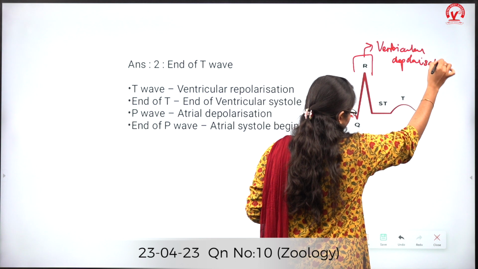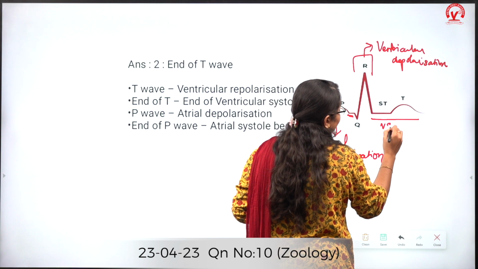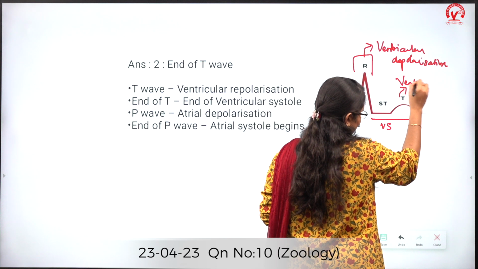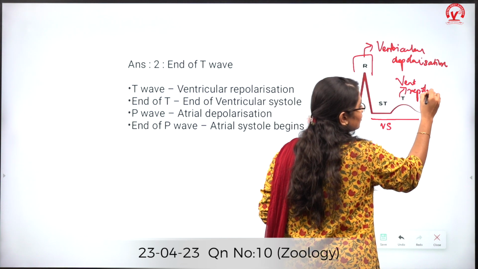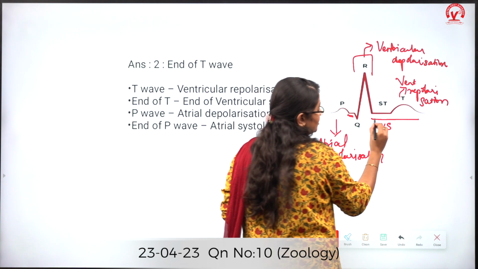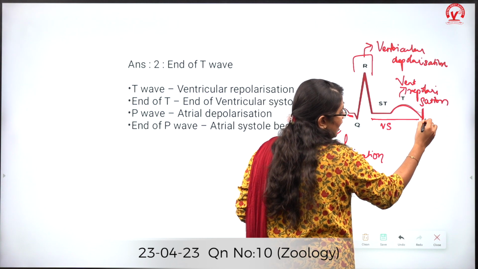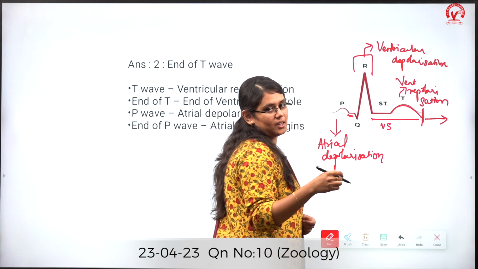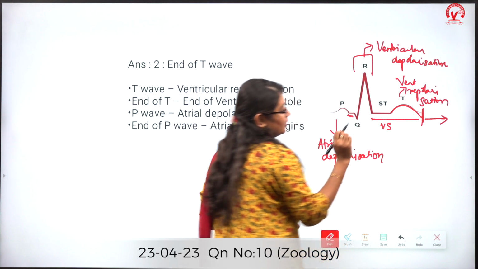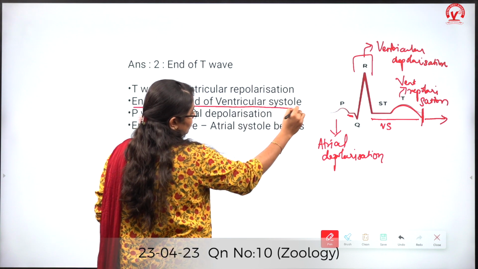So as QRS complex occurs, after that the ventricular systole occurs. And T wave represents ventricular repolarization. So the ventricular systole ends at the end of T wave and ventricular diastole begins. So ventricular diastole occurs after T wave. So thus the answer will be at the end of T wave, end of ventricular systole occurs.